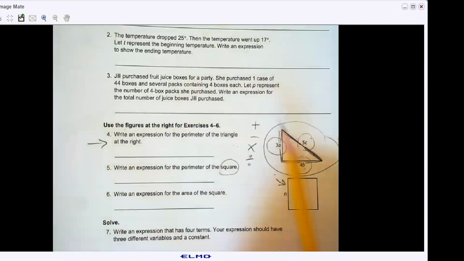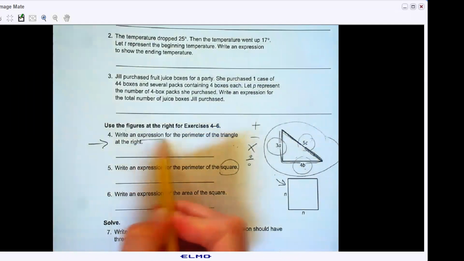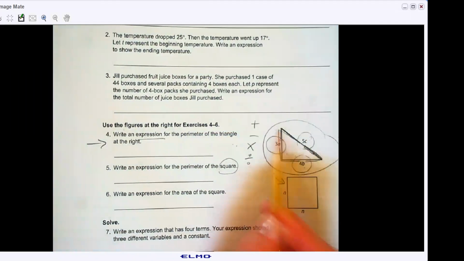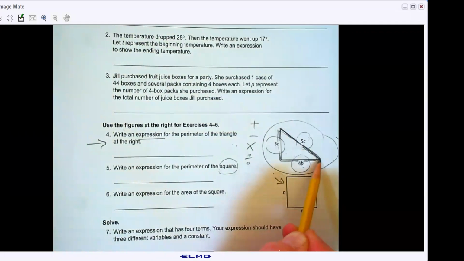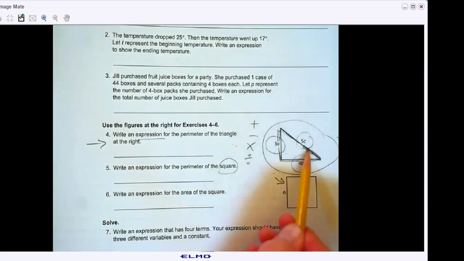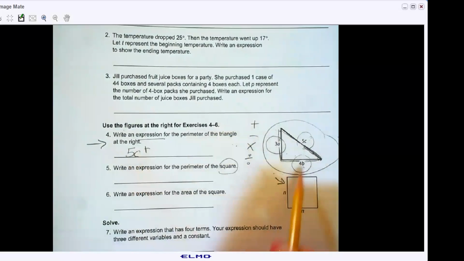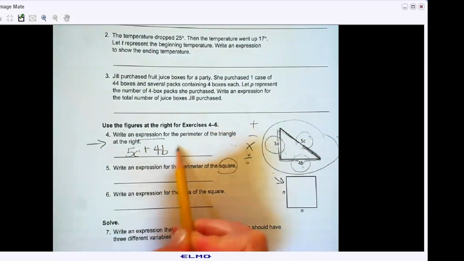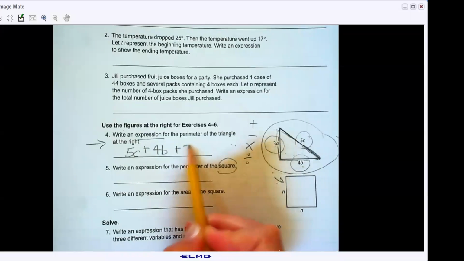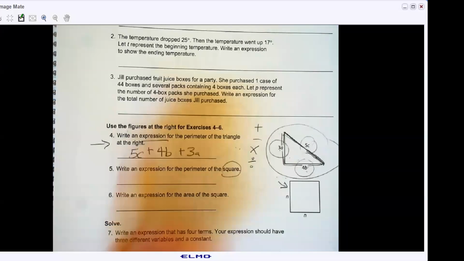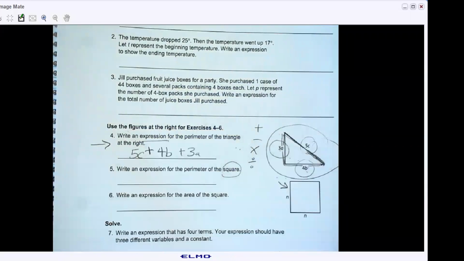I'm gonna add them. And because it's an expression, I don't need an equal sign. So I'm gonna start with the hypotenuse just because I'm feeling wild. So I'm gonna start with 5C plus 4B plus 3A. Bam, and I'm done.